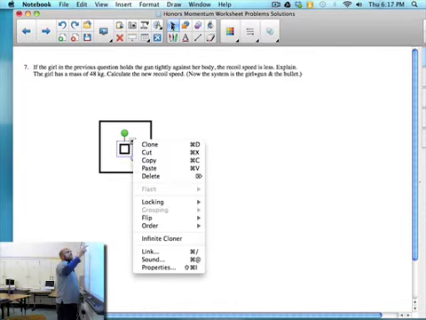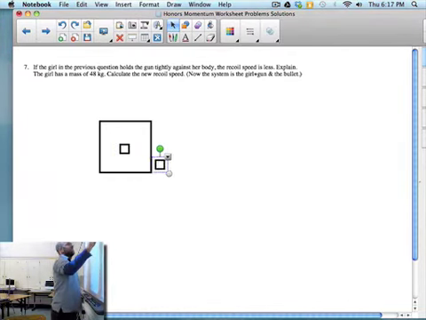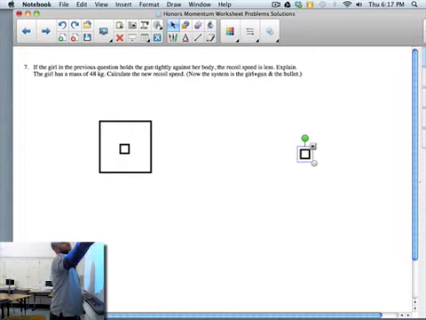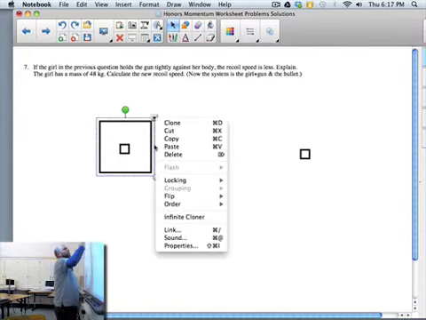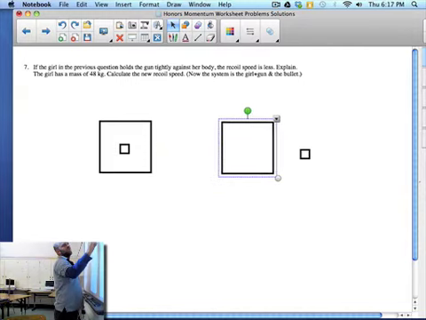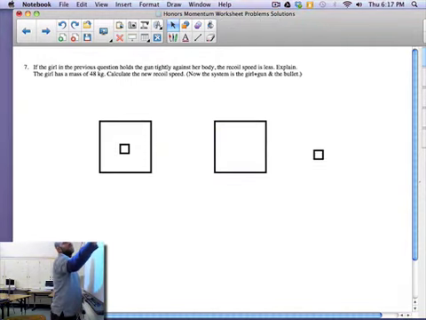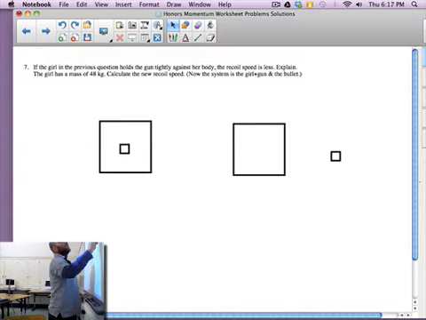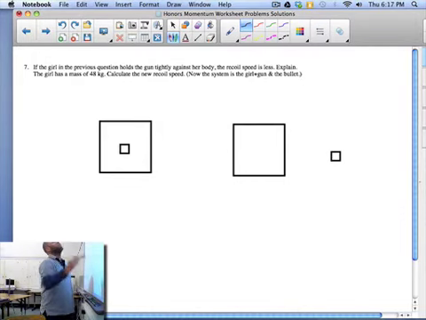So let me clone this. After the collision, it's really an explosion. The bullet will be moving to the right, and instead of just the rifle moving to the left, it's the rifle with Kim, with the girl. So the mass has now changed.